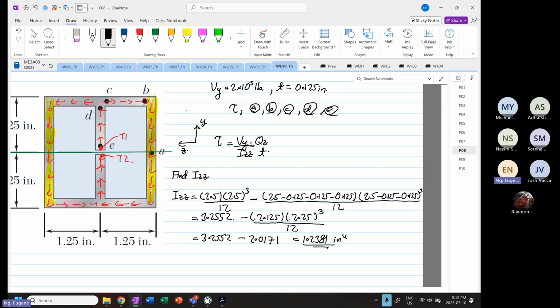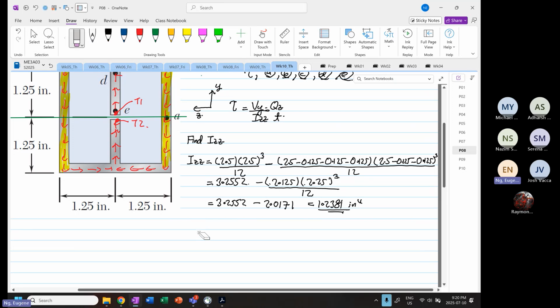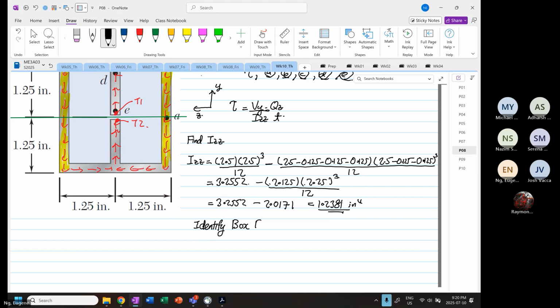Once we have this, you also have to identify whether it is a box beam or a wide flange.